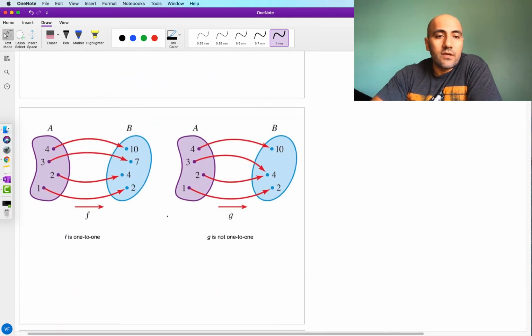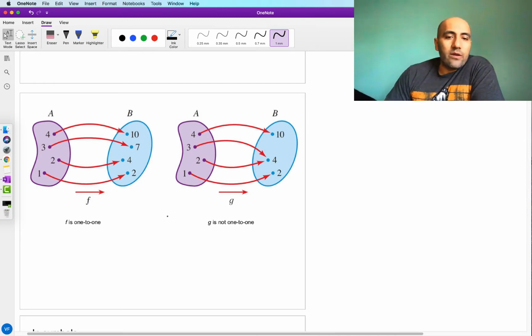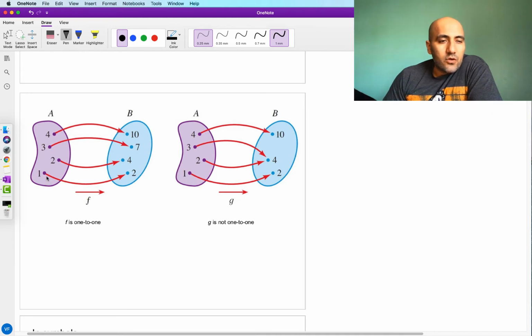So one-to-one functions. If we go back to these jelly bean style descriptions of mappings for functions, we can see what a one-to-one function is. On the left here, we have one function, f, right? This purple jelly bean describes the domain of f, and this blue one here describes the range of f.